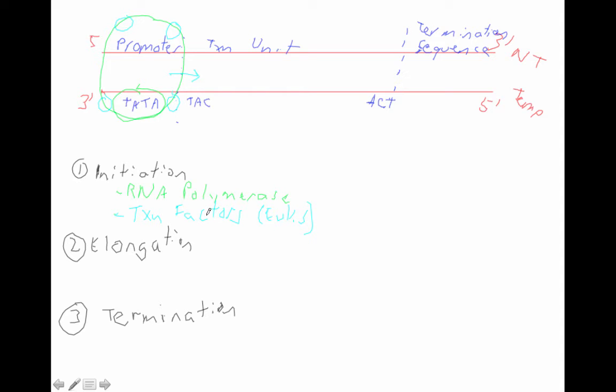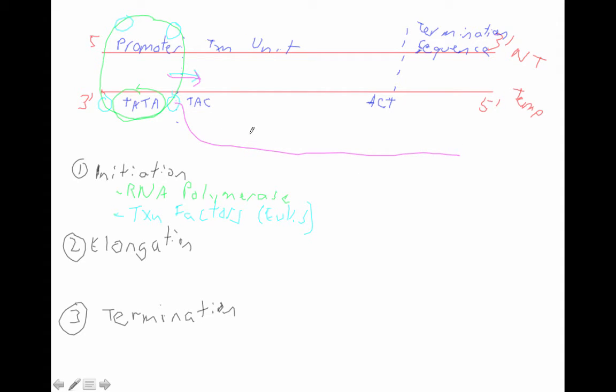Now, elongation. What happens with elongation? Let's pick a different color. As elongation continues or moves from this promoter and hits this transcription unit of the gene, it will begin to make an RNA molecule. It might not be the best way to draw it, but I'm going to draw it like this.